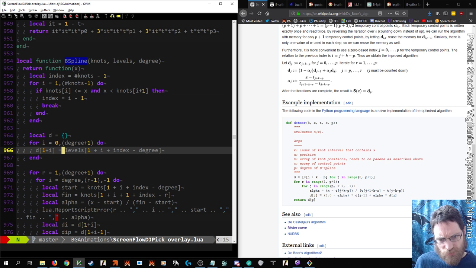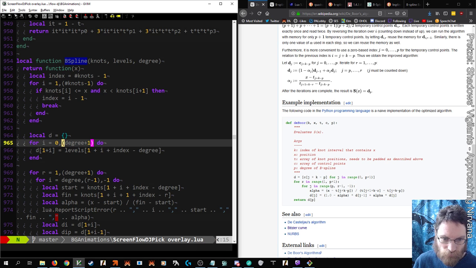That is getting control points. That is the only reference to the control points. Oh no, this many... The D that we're interested in is the things that can affect us. So that's 2 things that can affect us.